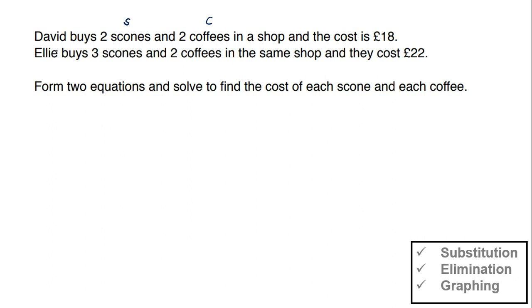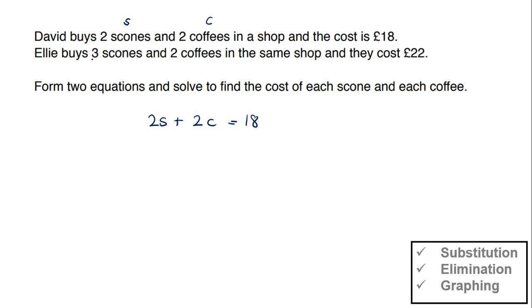Now, for the first one, let's say David buys two scones and two coffees. Two scones means 2S, plus two coffees means 2C. And that is equal to 18, because the two scones and two coffees cost 18, which means 2S plus 2C gives me 18.